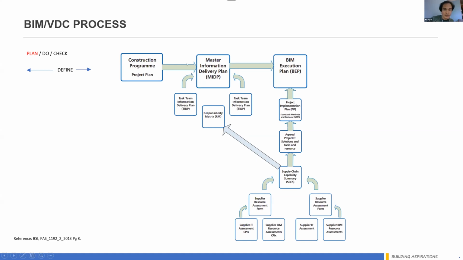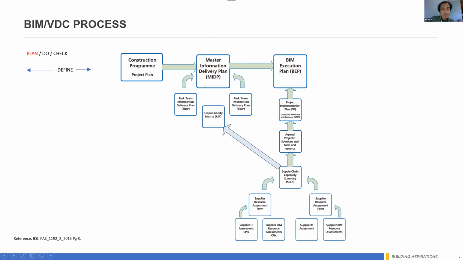Okay, construction master program: what is the construction master program, and when do you need to come out with this BIM model, the up-to-date drawings, the information delivery plan? All those need to be developed in the so-called master information delivery plan. So the capability must be there, the timeline must be there, everything.